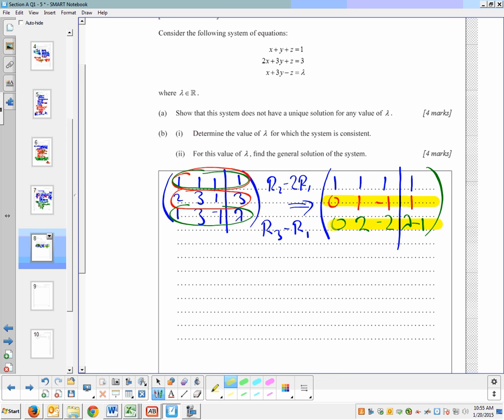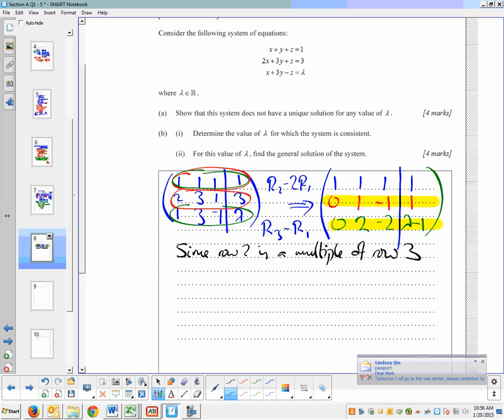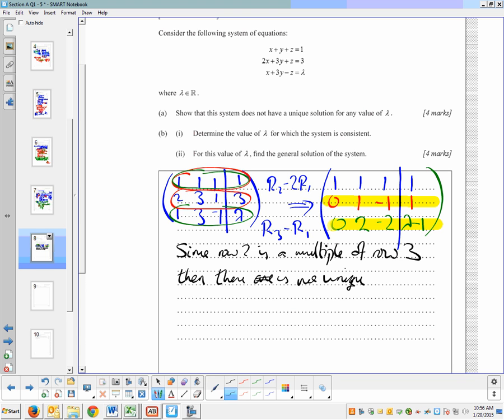So in fact, at that point, you could say, since row 2 is a multiple of row 3, then there is no unique solution. Some statement equivalent to that. No unique solution.